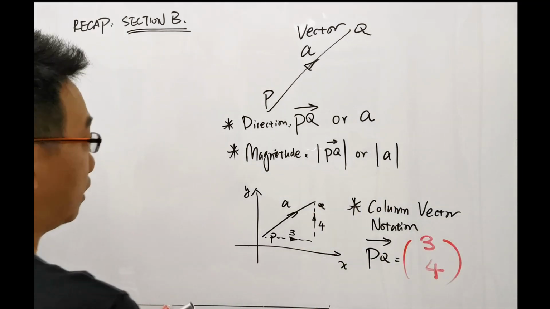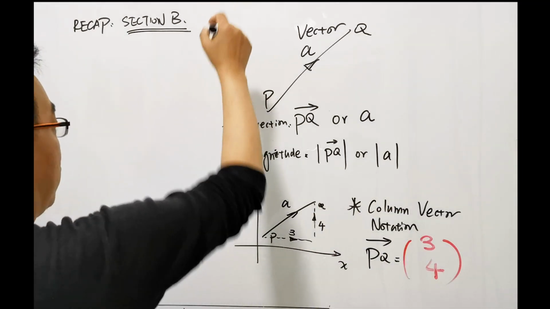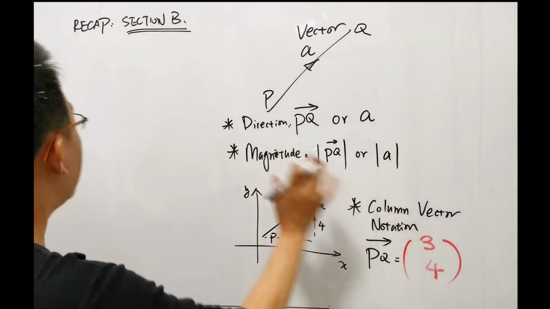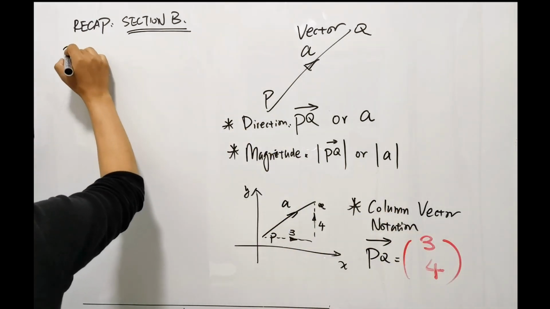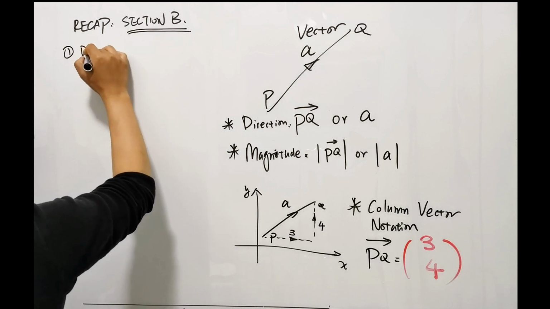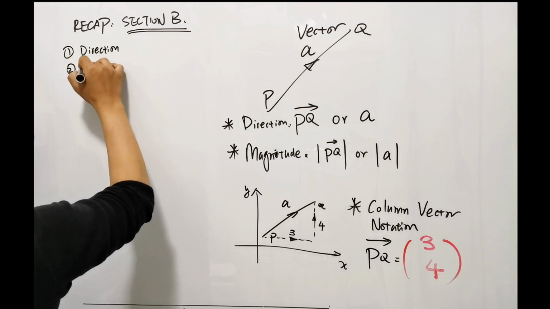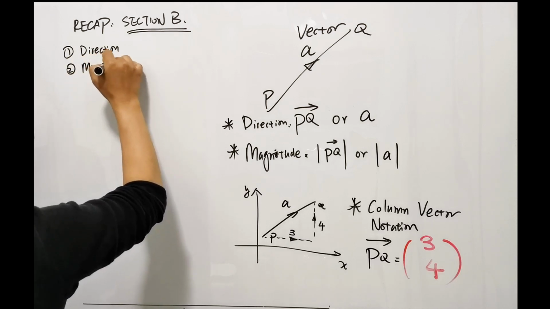So basically, from here we can see we're talking about 3 items. The first one we discussed is the direction, how to represent the direction. The second is magnitude.